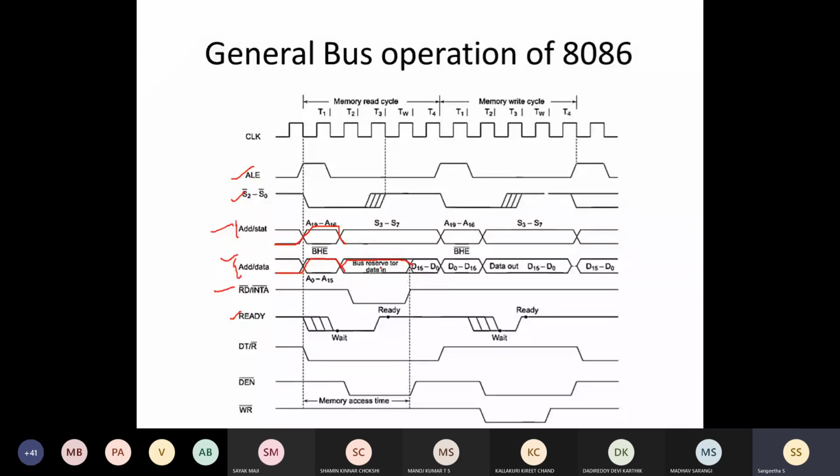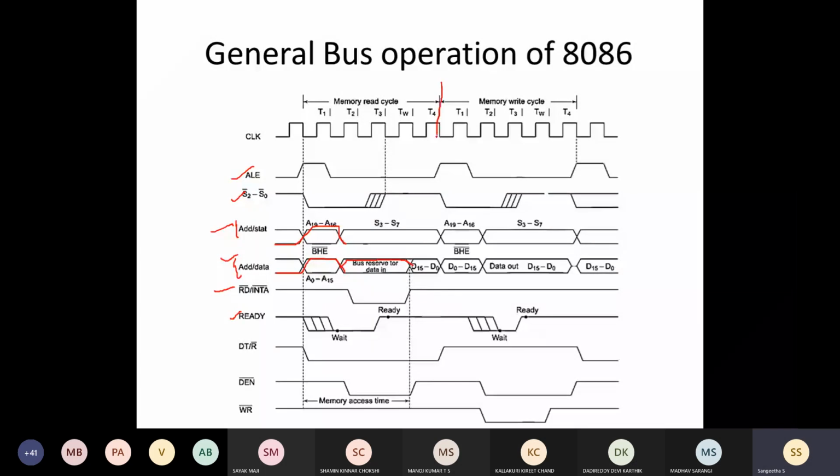So during that period, I need to read the data, right? A processor has to know I have to read your data. It will be indicated by a low signal. RD bar is there, which means you have to make the signal low when you are going to read your data from the memory. So when this low signal occurs, the processor will start reading from that particular memory location. What is the data? It will start to read.